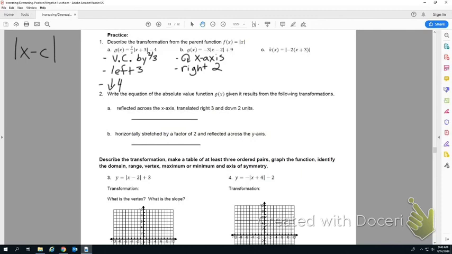Dalton, give us another one. Up 9. Up 9. Caleb, what does the 3 do at the front? Down 3. Do what? It's a vertical stretch. Okay, vertical stretch.